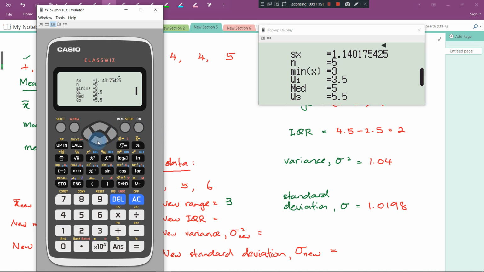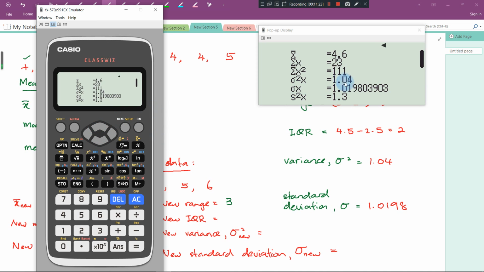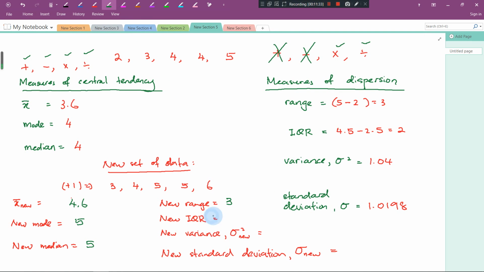And the variance, 1.04, you see, remains unchanged. How about the standard deviation? 1.0198, remains unchanged. Okay, that's what I told you just now.